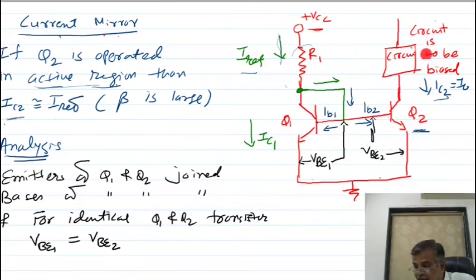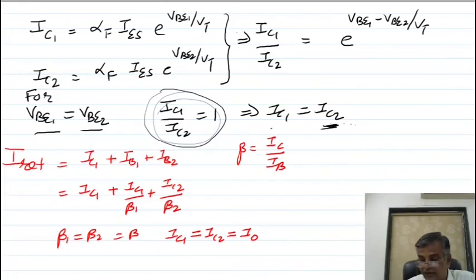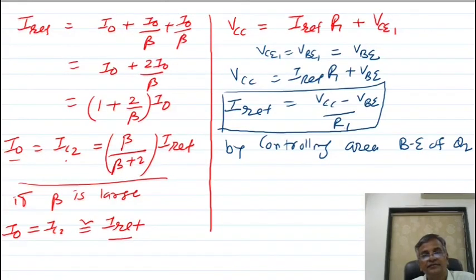Then here you will get 1 milliampere current, and that is constant because Q2 is operated in the active region.